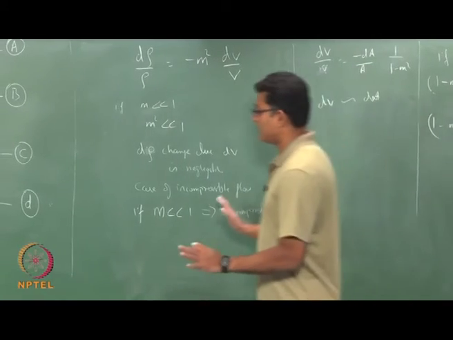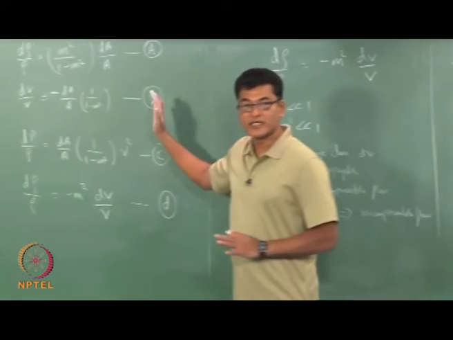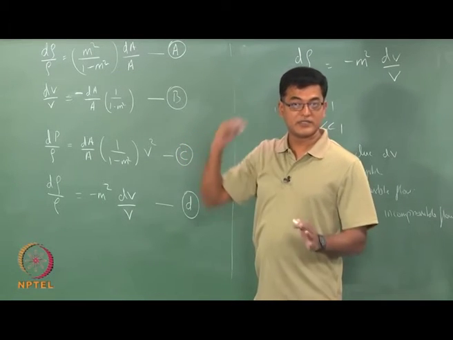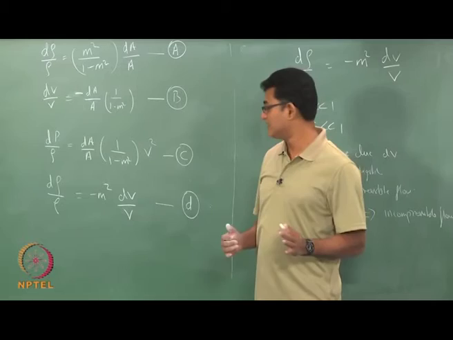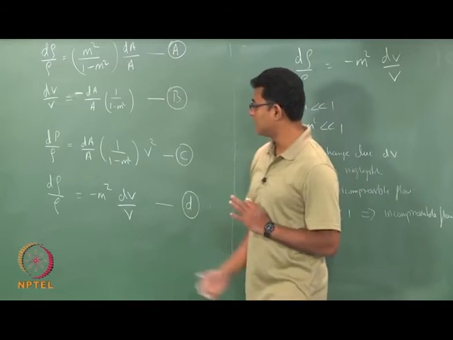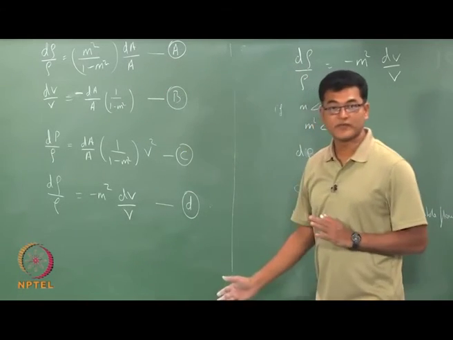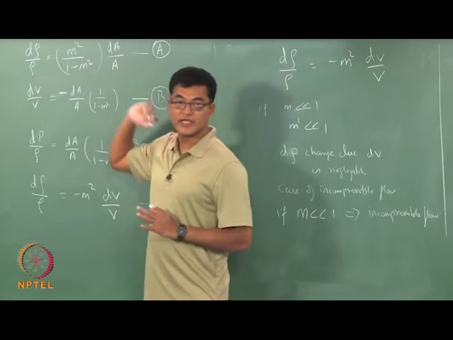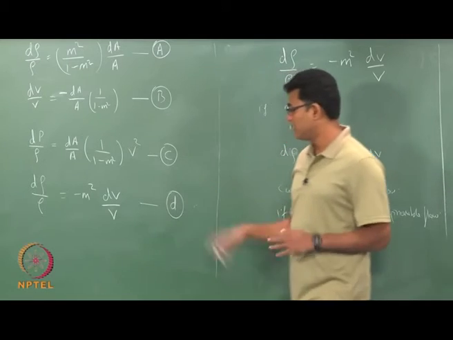Essentially what we have done here is we have taken the continuity equation and used the isentropic condition in it. You derived these 4 equations, where you can find the changes in pressure, density, velocity and area, all related to Mach number.